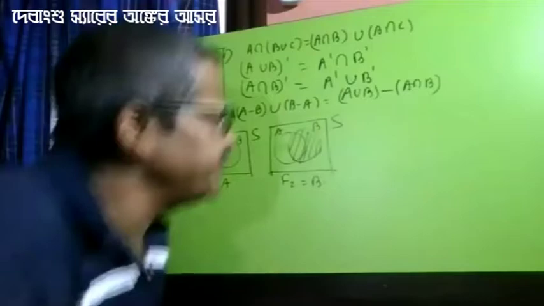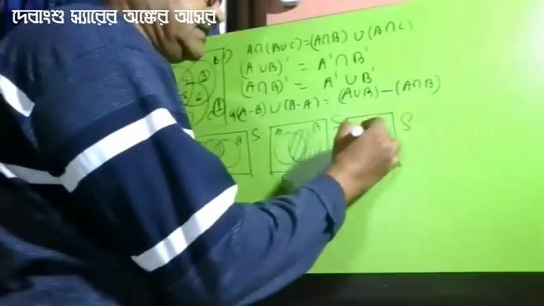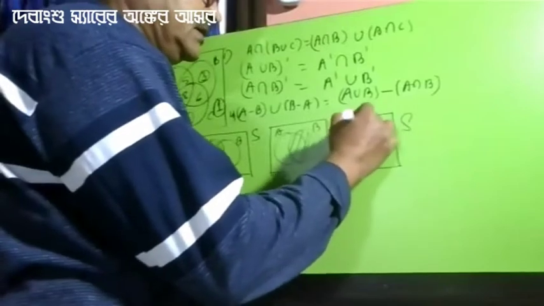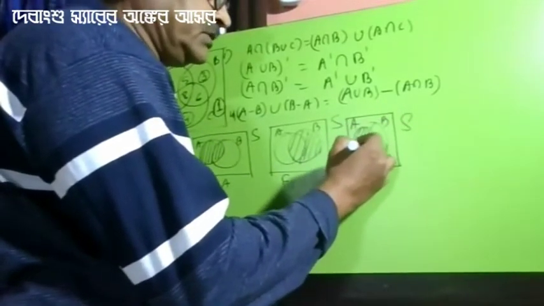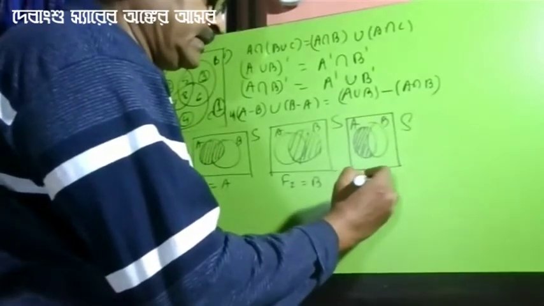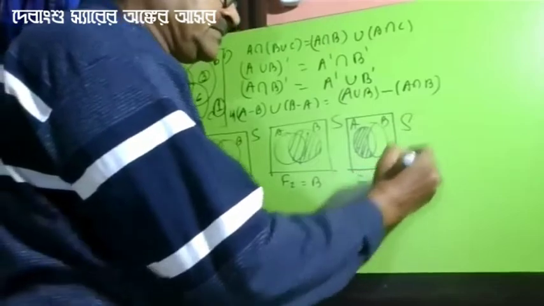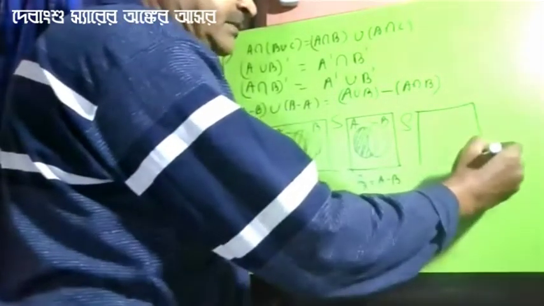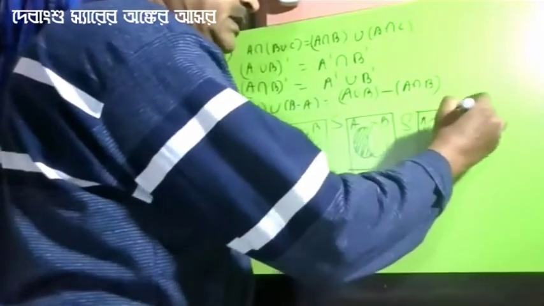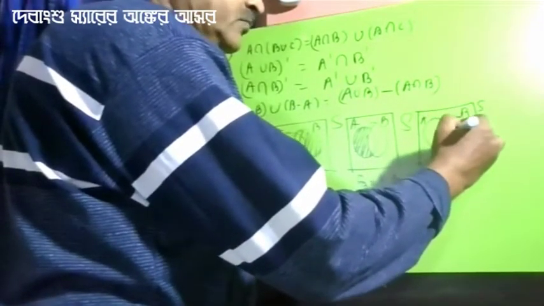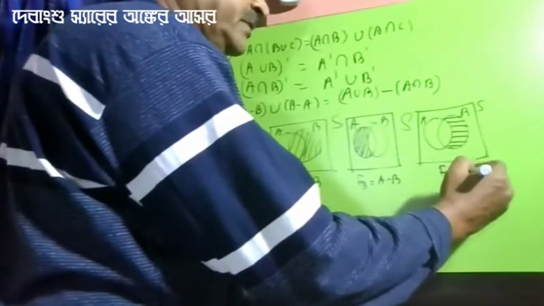Now I am finding A minus B. This is S, A, B. So A minus B is this portion of A which is not in B. F3 is equal to A minus B. Then B minus A, the portion within B but not in A. F4 is equal to B minus A.